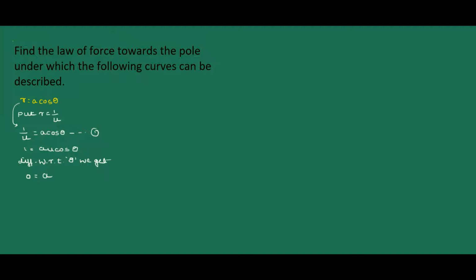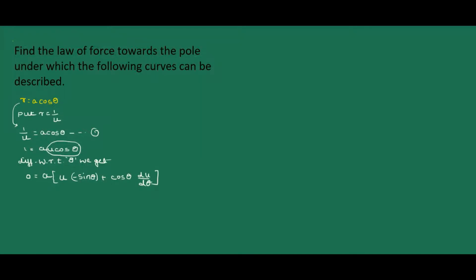a is constant. You have to differentiate this u into cos theta by using the product rule. So first u as it is, differentiation of cos theta is minus sin theta, plus cos theta as it is, differentiation of u is du divided by d theta.